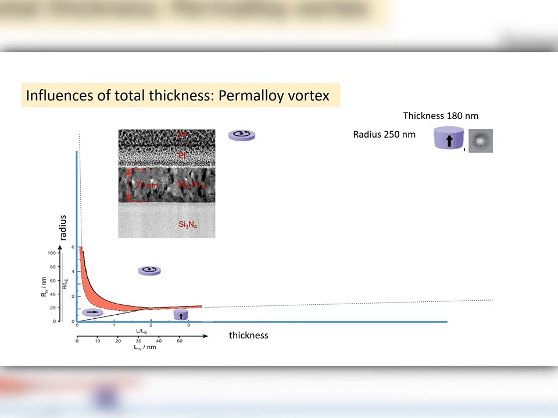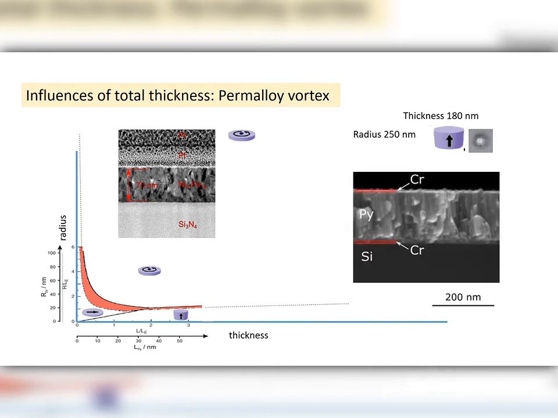It is very granular, so you have a lot of defects and interfaces, grain boundaries and so on, which results, if you increase the thickness, in a columnar structure.